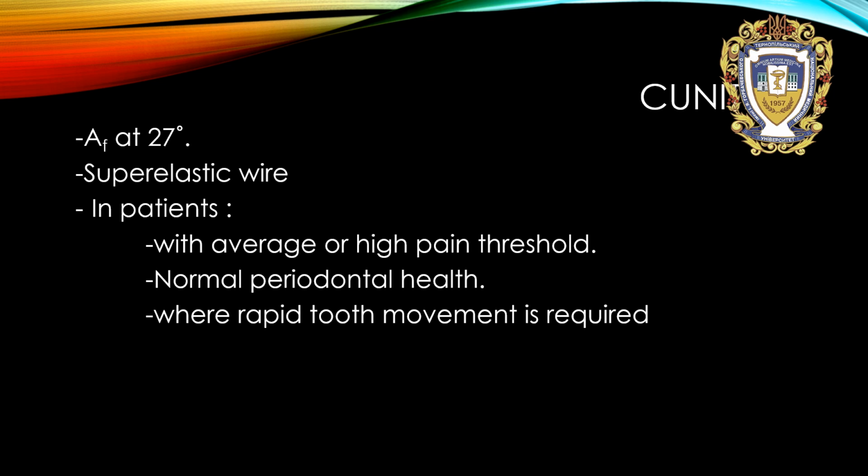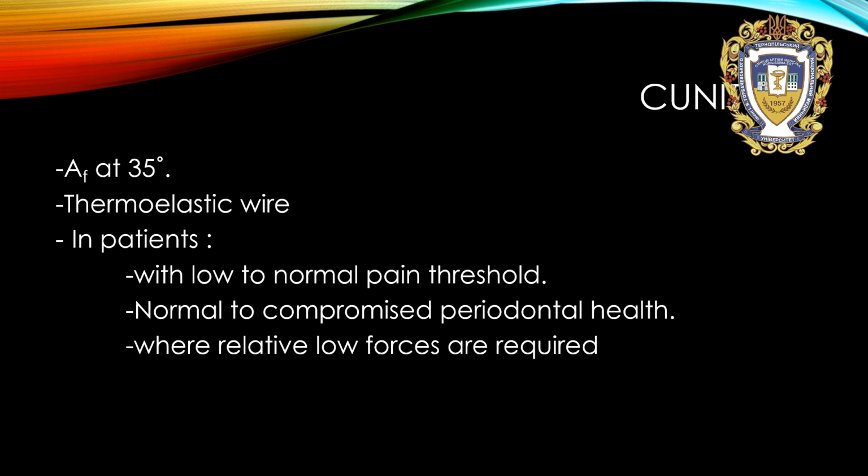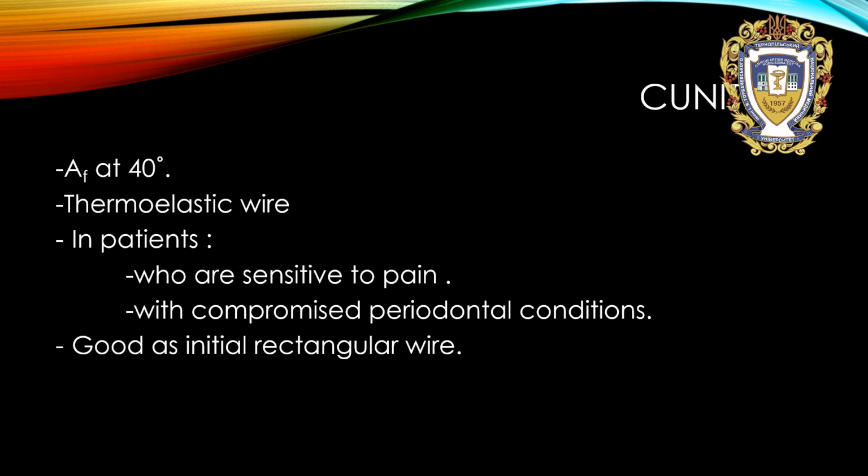27 degrees: superelastic archwire in patients with average or high pain threshold, normal periodontal health, and where rapid tooth movement is required. 35 degrees: thermoelastic wire in patients with low to normal pain threshold, normal to compromised periodontal health, where relatively low forces are required.